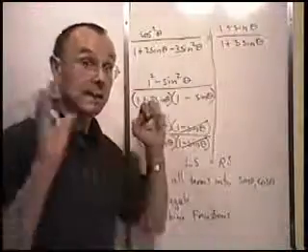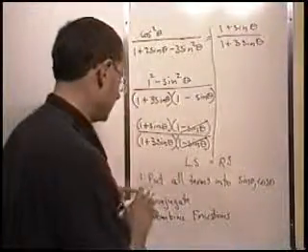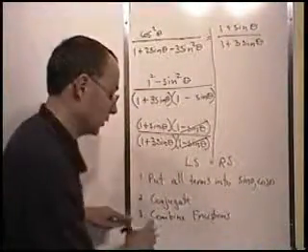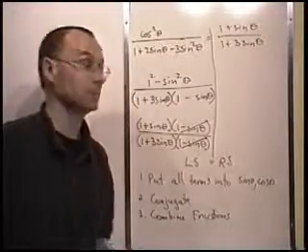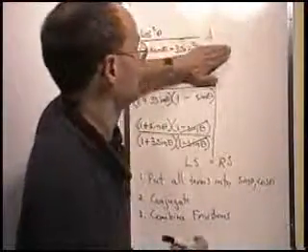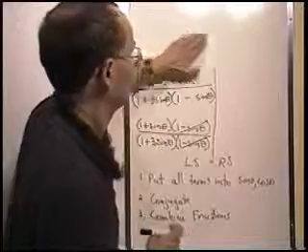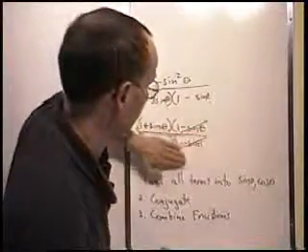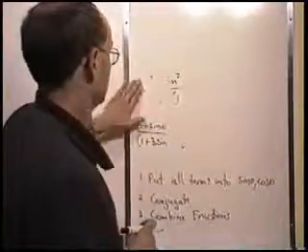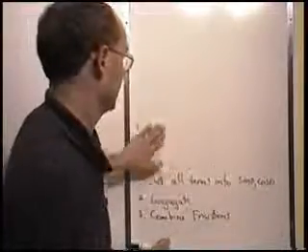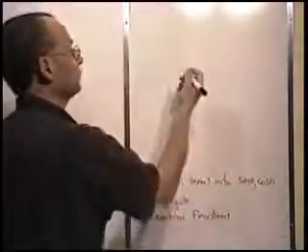Now, these aren't going to be lengthy proofs. I'm just going to quickly show you what a conjugate and what combining fractions is, what I'm talking about there. So let me do that up here with a quick, simple example of a conjugate. Let's say I had to work with something like this.